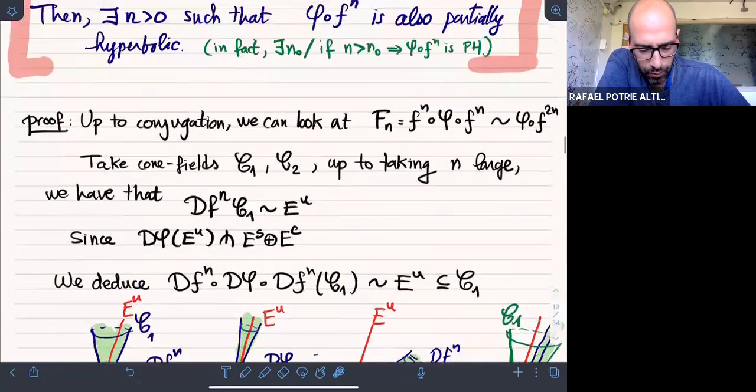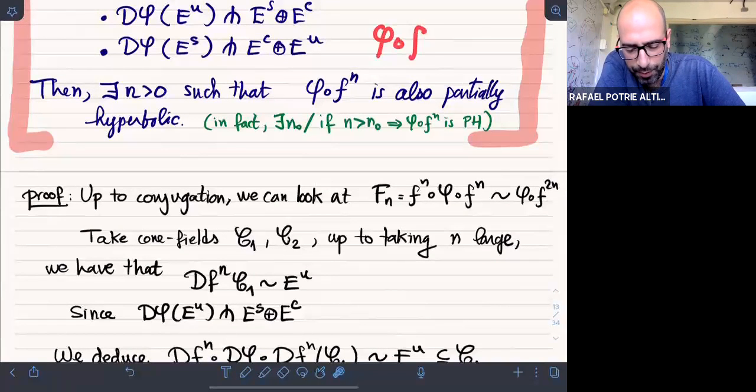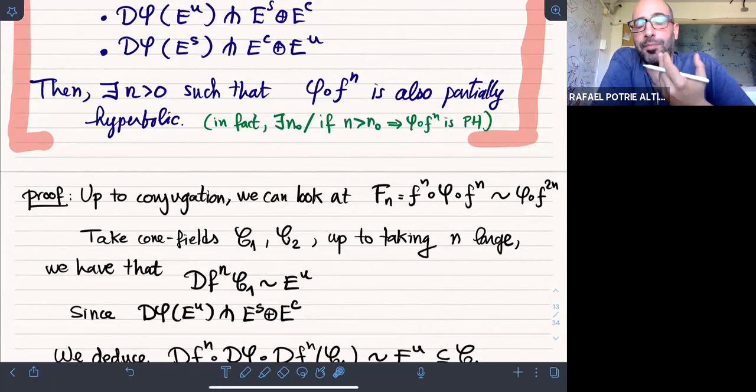Okay, so one thing that needs to be noted is that I'm not showing that phi composed with f is partially hyperbolic. And this is something that may be bad.